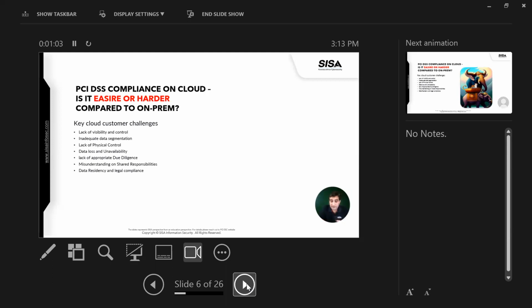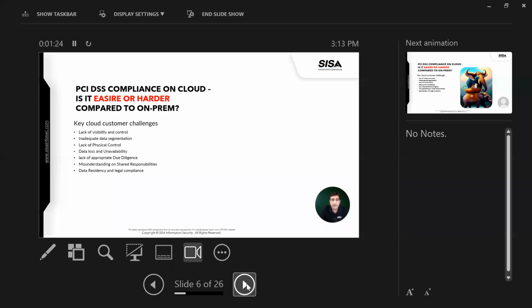There are specific challenges on the cloud when it comes to visibility and control, because the hard drive on which your cardholder data is placed is not under your control, and sometimes it can be a challenge. Then there can be inadequate data segmentation, which can lead to data breaches.